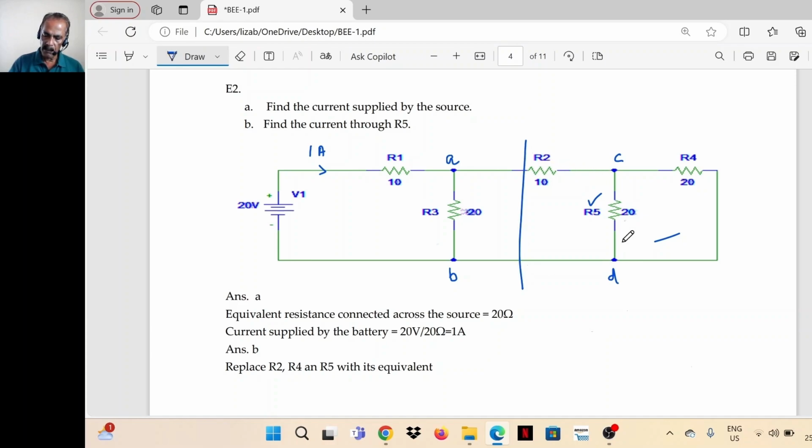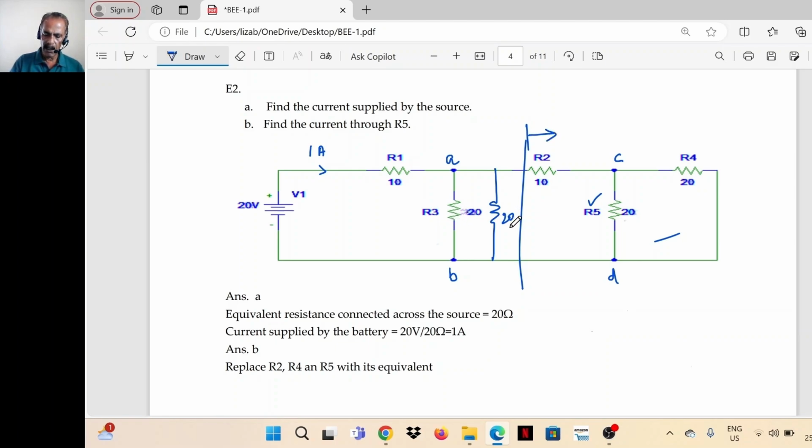Till here we simplified the network. So we got R4, R5 in parallel, that is 10, added to R2, 10 plus 10, 20. Now two 20s are in parallel. Ignore the circuit towards the right.